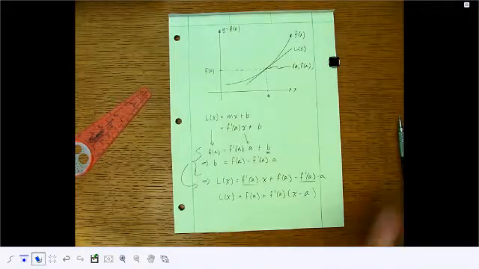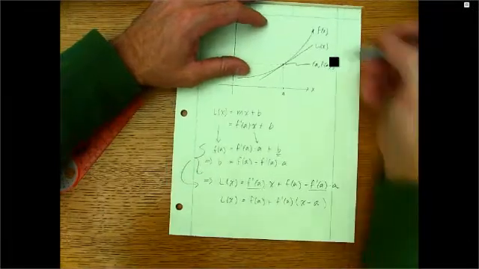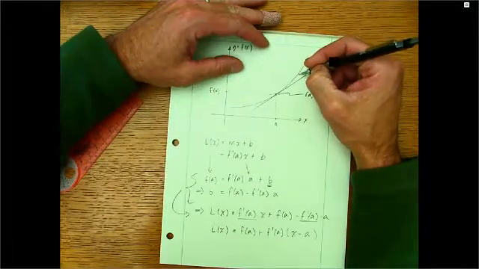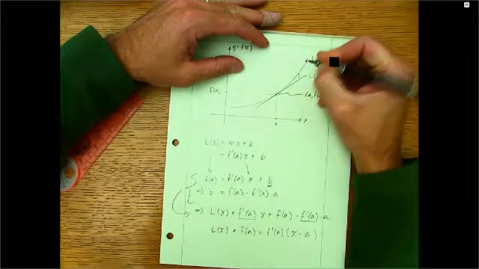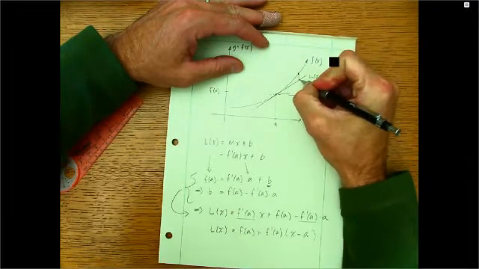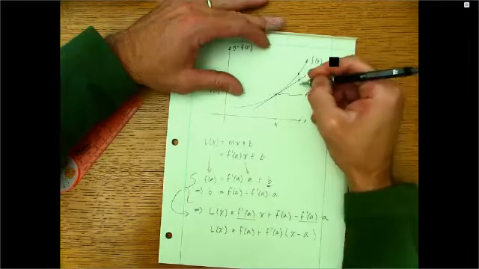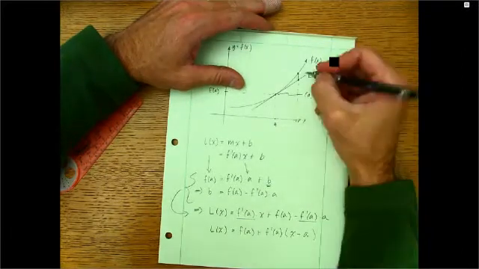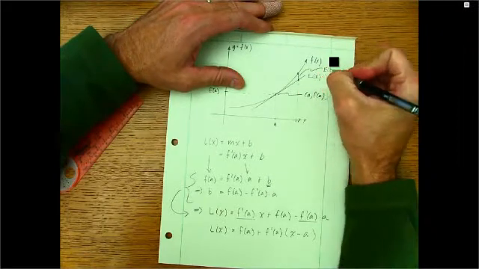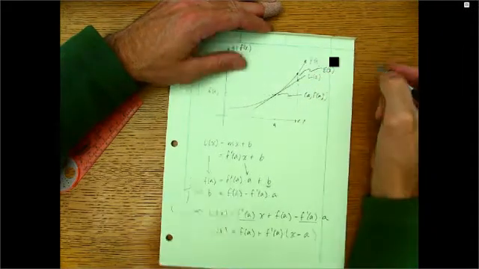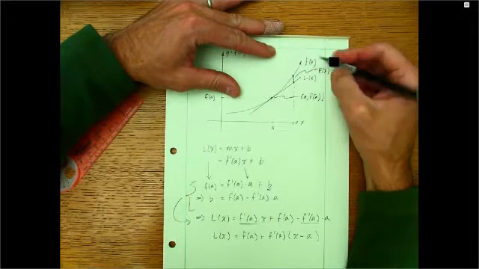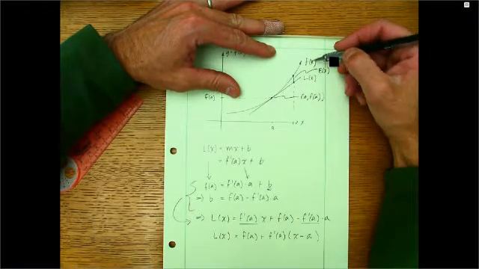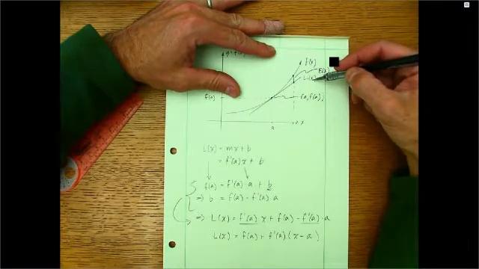So what is the error? Well, the error would be something like this, for any value of x, right? We can see that this quantity right here is the error associated with x because this distance is equal to the value of the function minus the value of the local linearization.